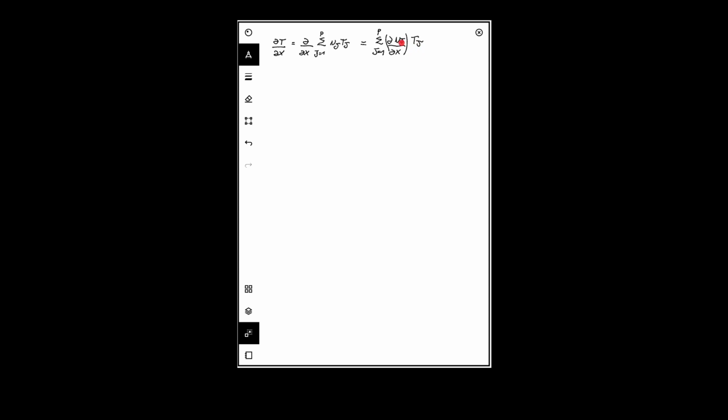The only value that varies is Nj, that is function of x, y, and z. Similarly, we can write the derivative with respect to y and to z.